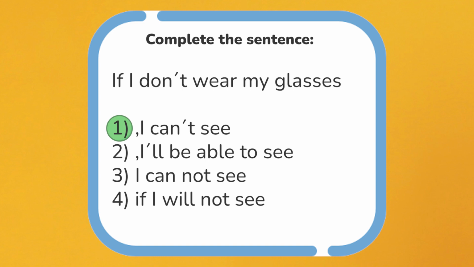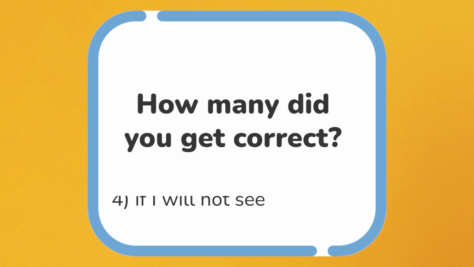I can't see. We might also look at number 3, but you'll notice again, this is related to our comma. We need a comma because in our first sentence, if I don't wear my glasses, there is no comma, but it is the condition clause. So we do need a comma. So that is why our answer is number 1.